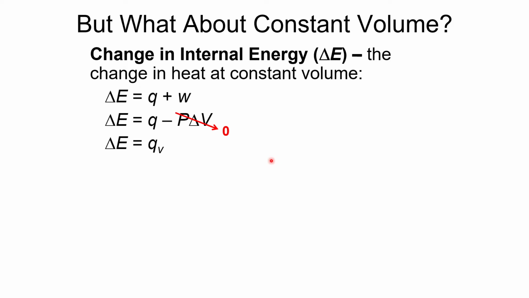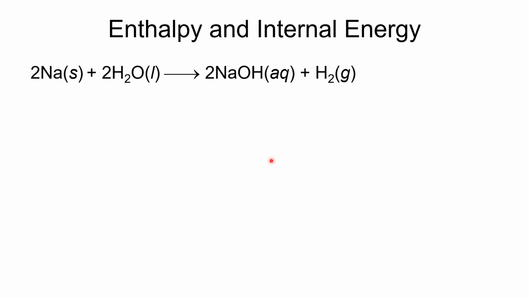Let me show you an example of a reaction where we get the delta E and the delta H, and you'll see their relationship. So here we've got an example of sodium reacting with water to give us sodium hydroxide and hydrogen gas. Now, the fact that we're producing hydrogen gas is going to increase the volume, so this will do some work on the surroundings.